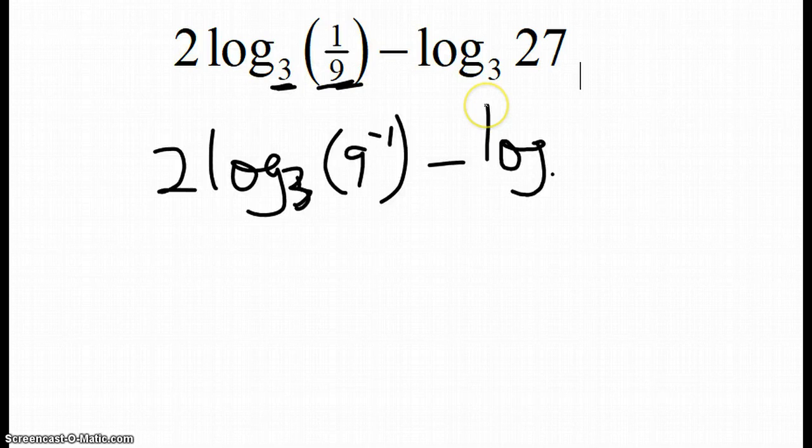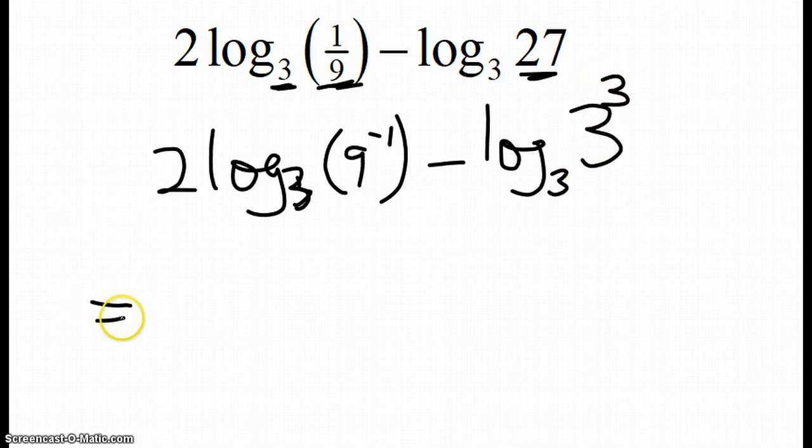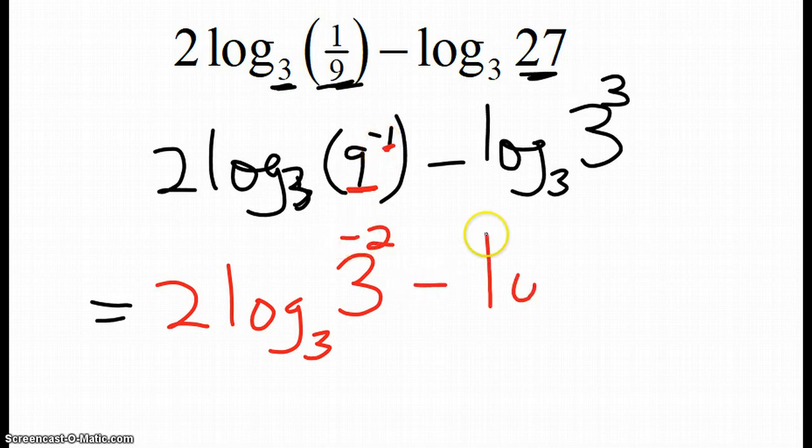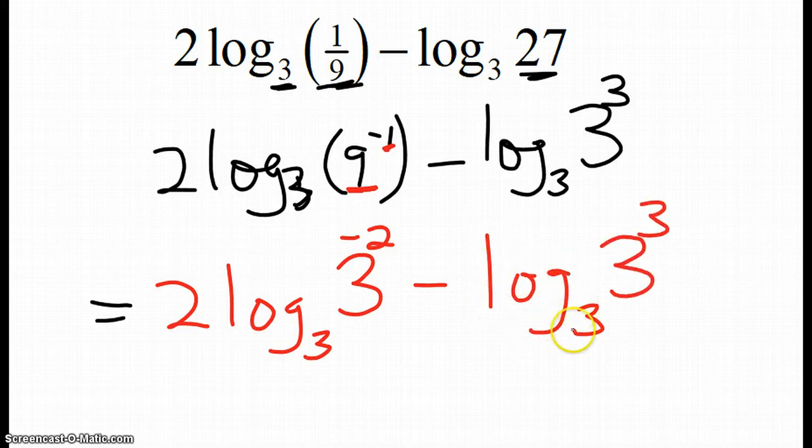And here too I can write the 27 as 3 exponent 3, right? So I can continue this by saying that 2 is still maintained here. Then root of 9 can be written as 3 exponent 2, and that 2 multiply the -1 to give you -2. Then I have my log base 3 exponent 3.